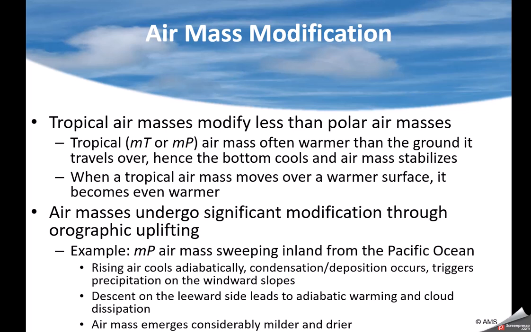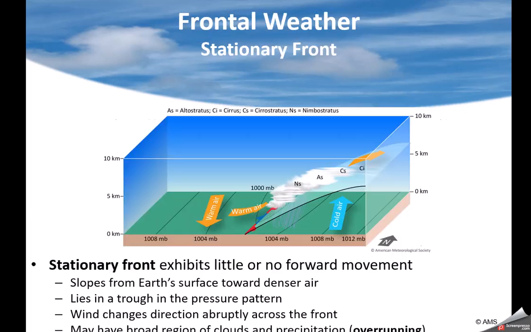It's going to warm up and dry out, because warming makes the relative humidity go down. Now it's going to hit the next set of mountains, the Rockies. It's going to lose some more moisture, so that by the time it gets into the Midwest, it's lost a lot of moisture. It's not anywhere near the same temperature as it was when it came ashore. So it has changed significantly by the time it crosses those mountain ranges.